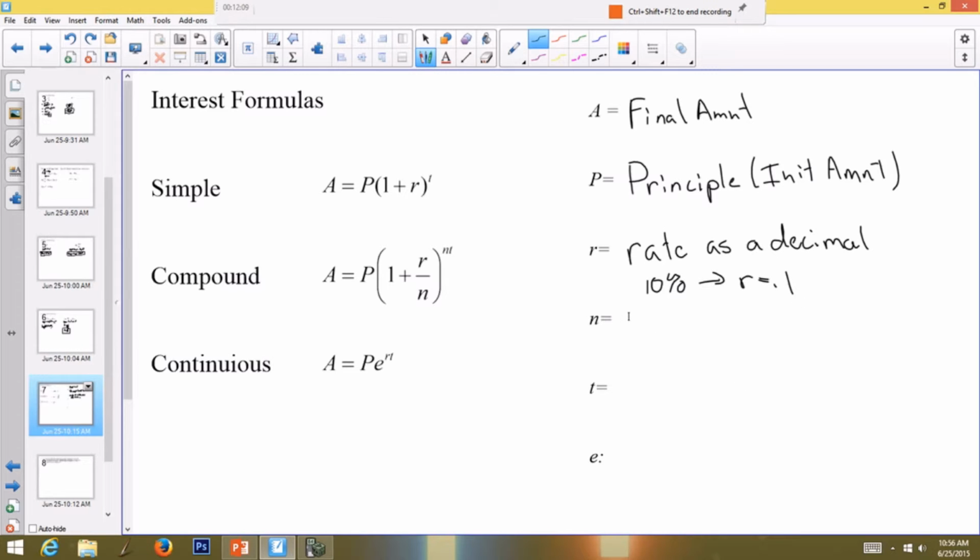n is your number of compounds. And as a quick example, if they say it's quarterly, we're going to say n equals 4, because there are 4 quarters in a year. t is your time unit.